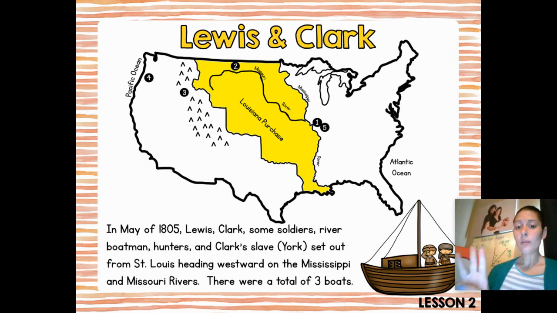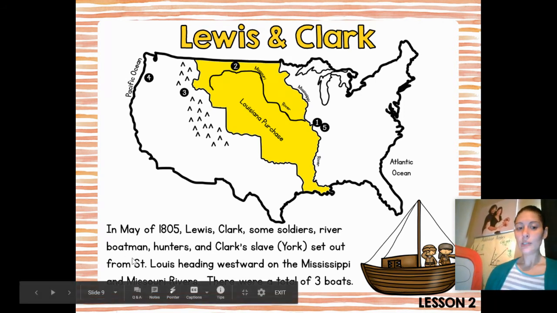Now, all of these people entail the Corps of Discovery, and you need to remember that term because you are going to come across that. The Corps of Discovery is this whole group of people that have decided to set out and figure out what's going on. So, just in case you don't know, St. Louis is in Missouri. Okay, so they're leaving from Missouri to go westward on the Mississippi and the Missouri rivers.